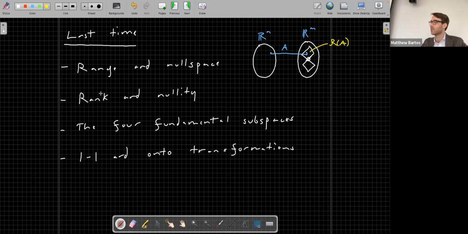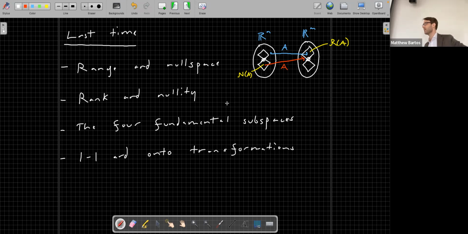And what was the null space of our linear transformation? It's the set of vectors in the domain that get mapped to the zero vector when we apply A to them.